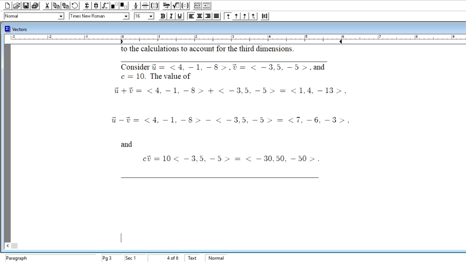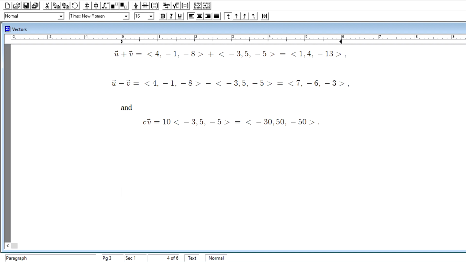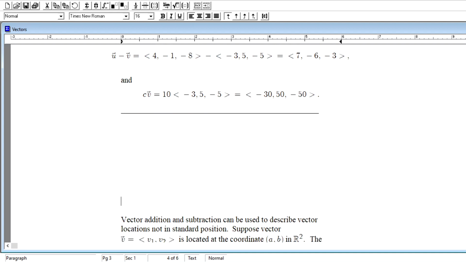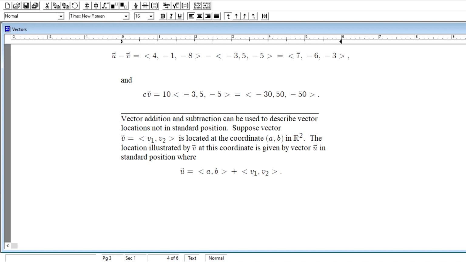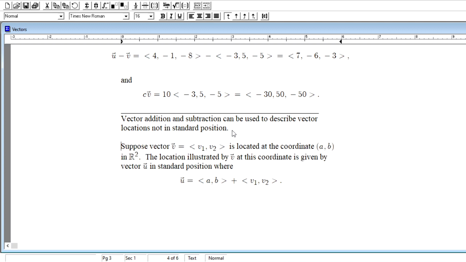We do point out some usefulness to this idea. Vector addition and subtraction can actually be used to describe vector location that is not in standard position. We might suppose that vector v1, v2 is located at the coordinate a, b in R2, meaning that its tail is positioned at the coordinate a, b in two-dimensional space.